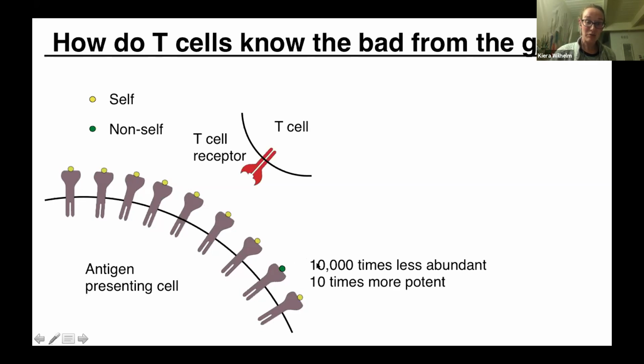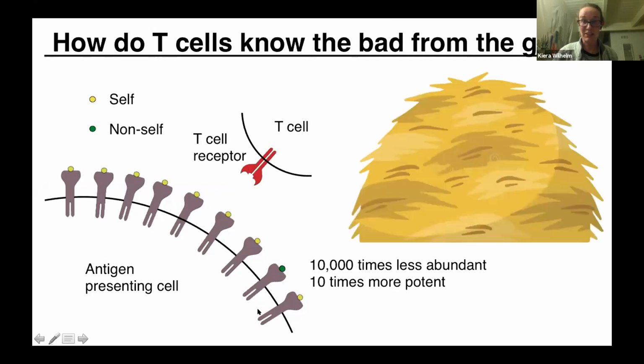And the self molecules are about 10,000 times more abundant. So the non-self, this foreign peptide, is 10,000 times less abundant than the self, and only about 10 times more potent. That means that this T cell receptor can interact pretty well with all of these self peptides. It just interacts better with the foreign peptide.